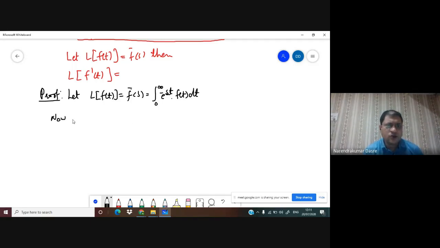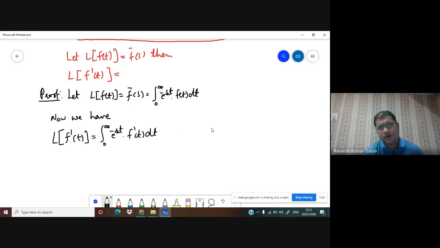What we want to find is the Laplace transform of f dash of t. So let us apply this definition. By definition, it is the integral from 0 to infinity of e raised to minus st into f dash of t dt.